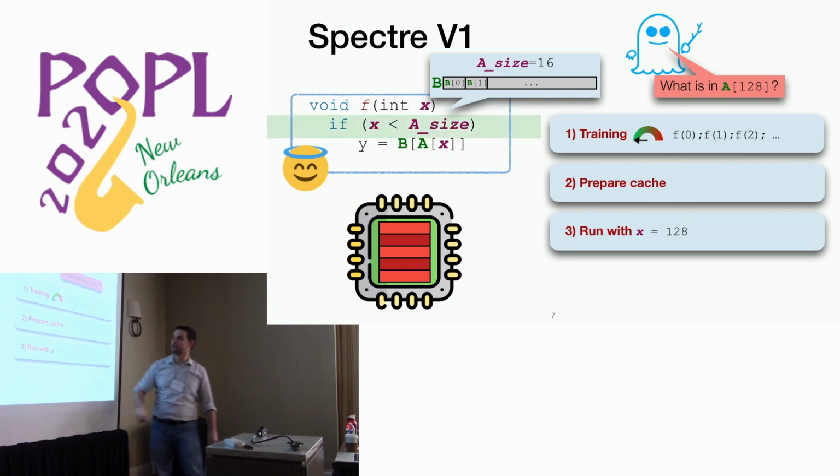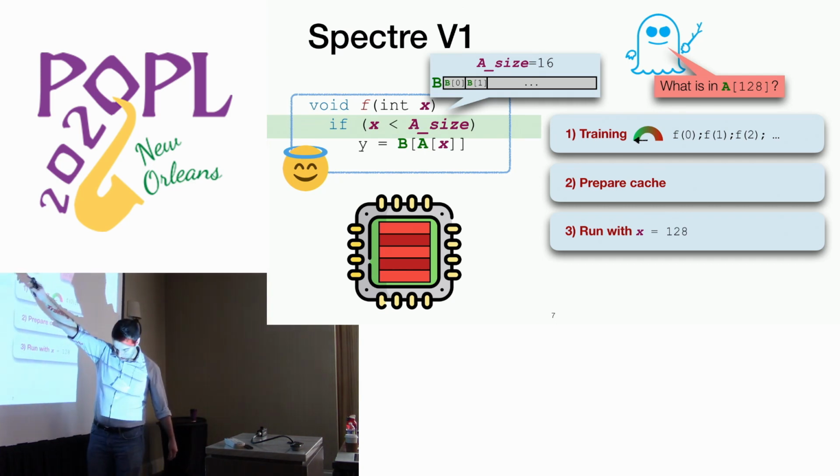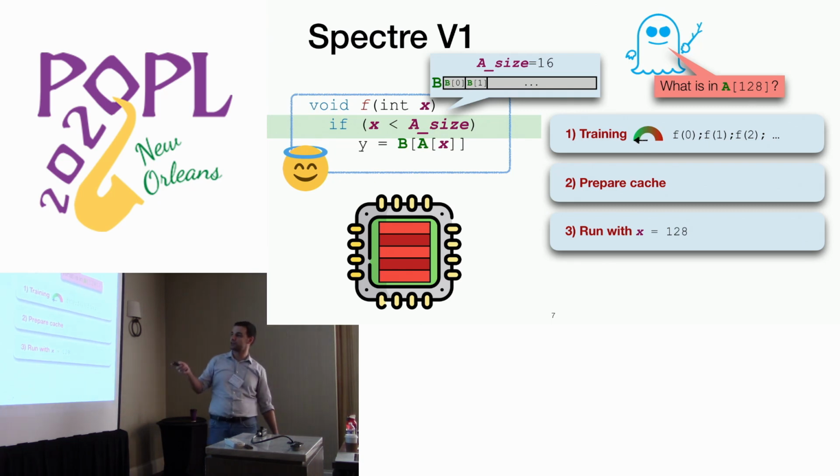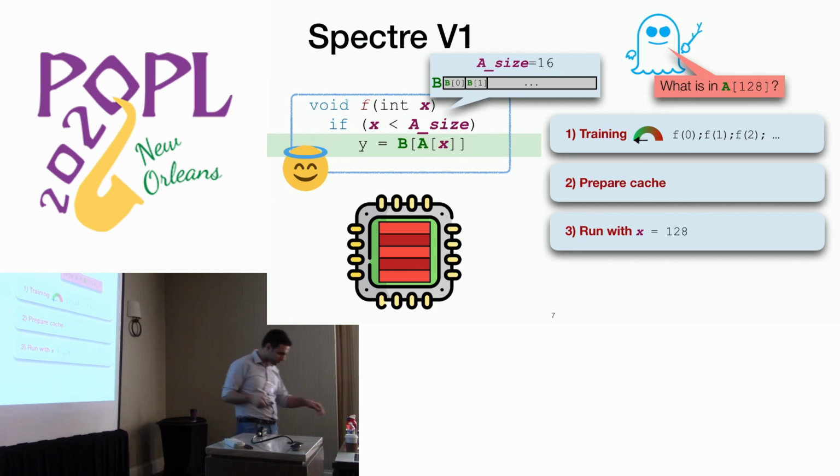When the CPU executes the branch instruction, it will consult the branch predictor, which we trained beforehand, so it will be treated as satisfied. We continue with the execution, we perform the memory accesses. Okay? So what happens now is that these memory accesses leave a footprint in the cache. And in particular, the second memory access will load a block from the array B somewhere in the cache.